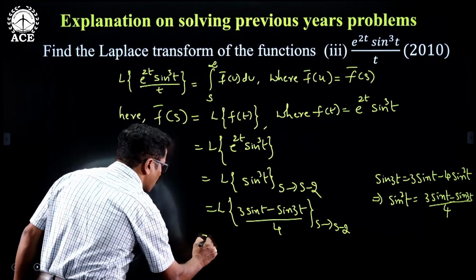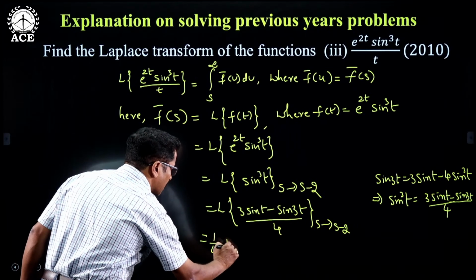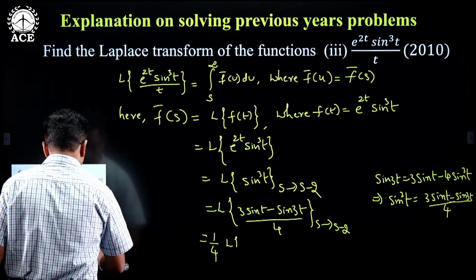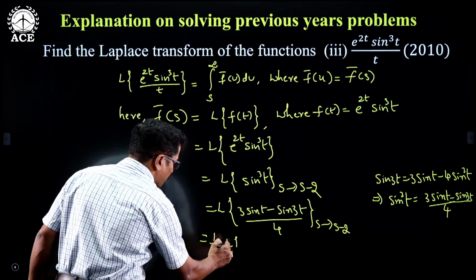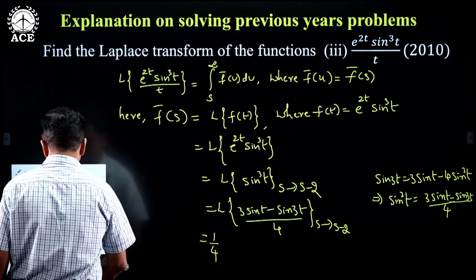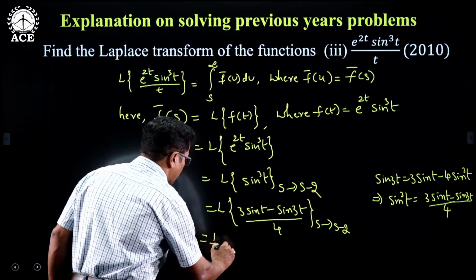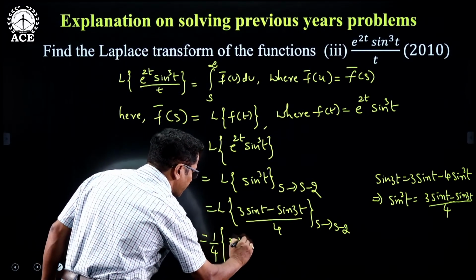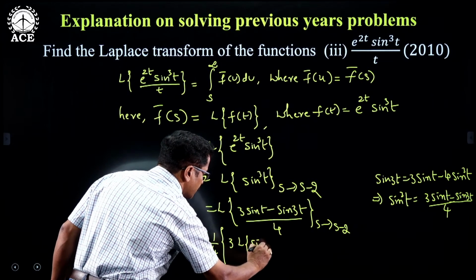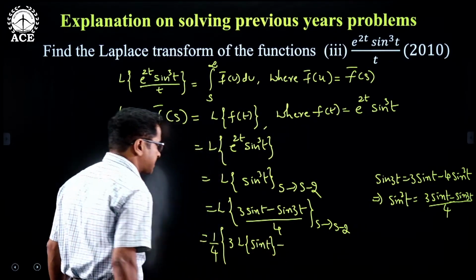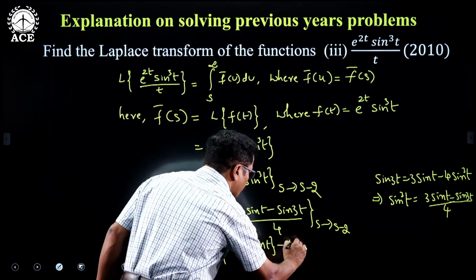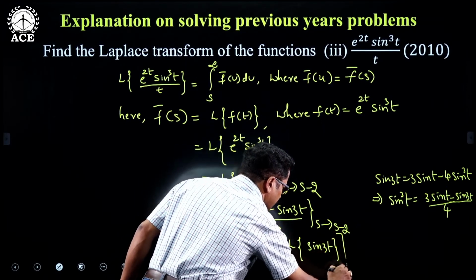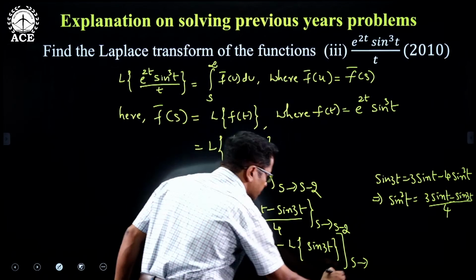Now it equals 1 by 4 into L of, again applying the linearity property, 3 into L of sin t minus L of sin 3t, with s shifted to s minus 2.